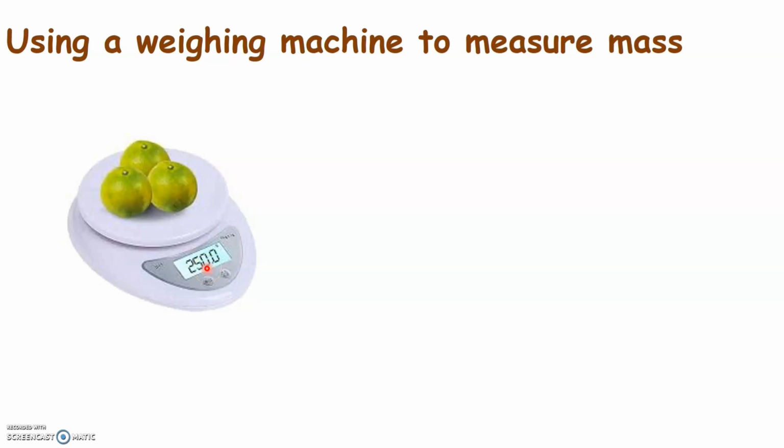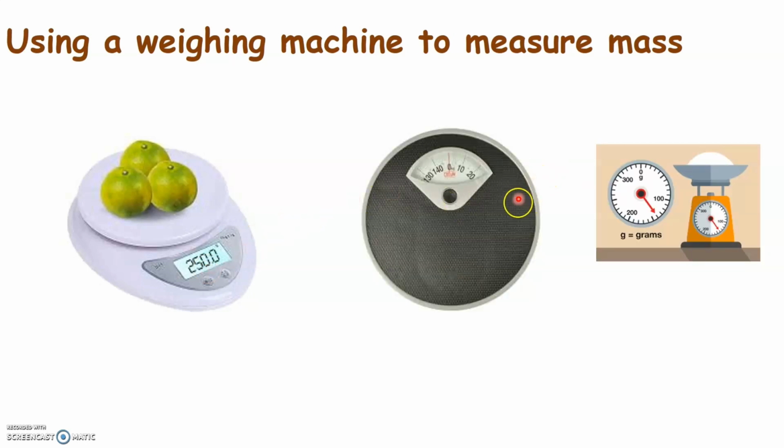In the olden times, people used to have a weighing scale like how you see here in this picture. So this weighing scale, it has a needle on it as you see here that is pointing towards this mark 0, and it has various other marks on this weighing scale.